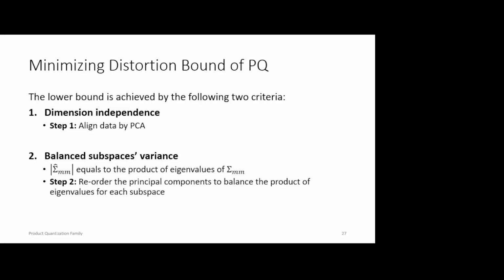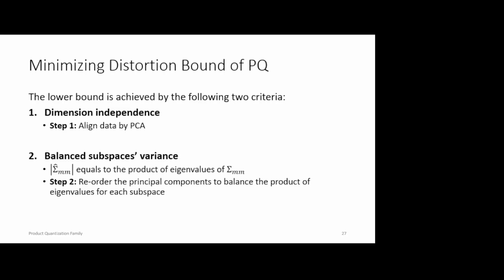Okay, after you apply the PCA, you know PCA is actually to rotate your data in a high dimensional space, right? So after it, we want to balance the variance. Based on the above theory, they already get that the product of the eigenvalues is a control that will influence this.